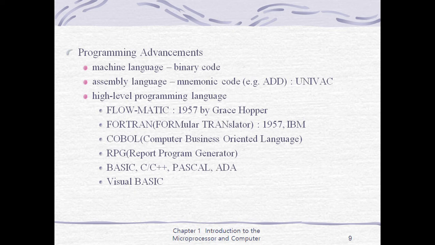So these high-level programming languages facilitate programmers to write complex applications very simply, and then there were other tools which are called translators or compilers to translate the programs in high-level languages to machine language.